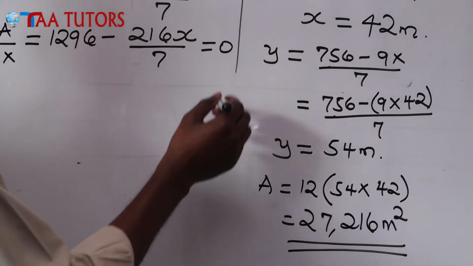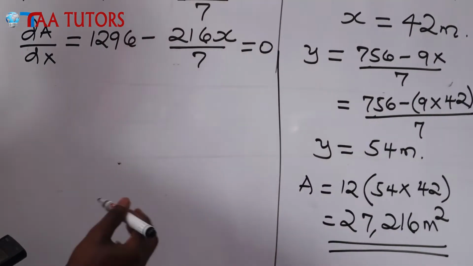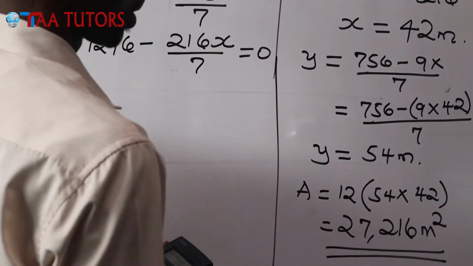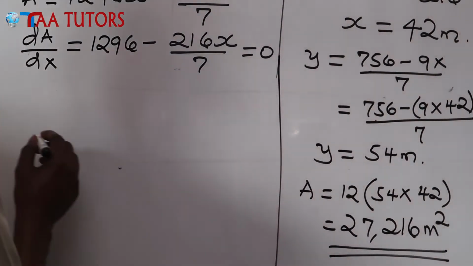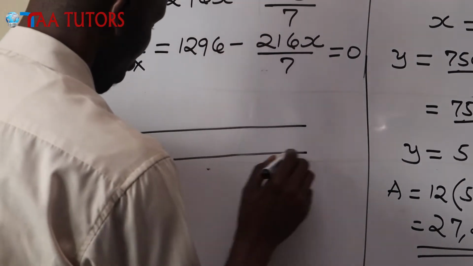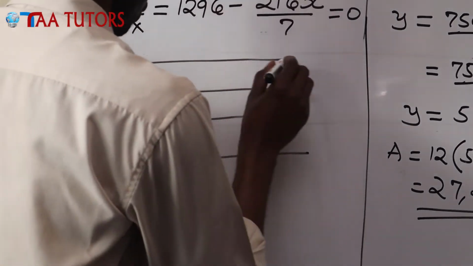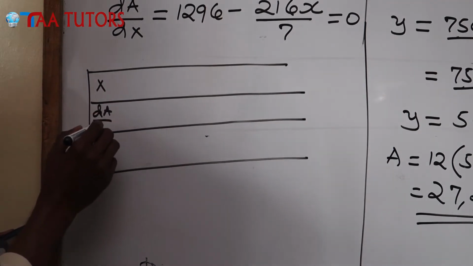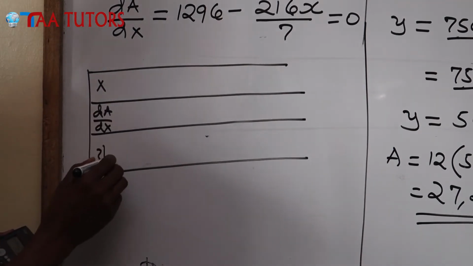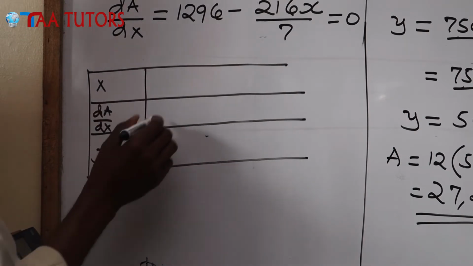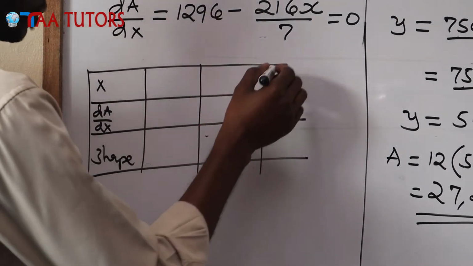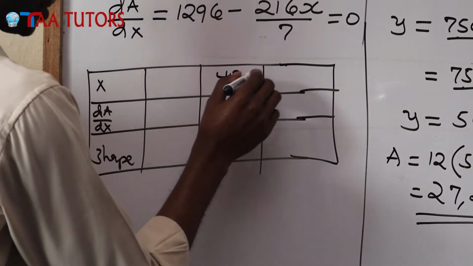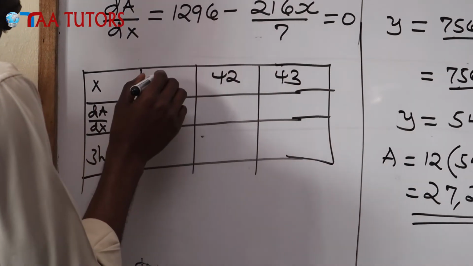But if you are to confirm whether this is a maximum or minimum turning point, whether the area that we have got is maximum or minimum, we need to go for a neighborhood test, where we are going to use the value of x to test. So this is x, this is dA/dx, this is the shape. If I have this the way they are here, this is 42, let me say this is 43, this is 41.